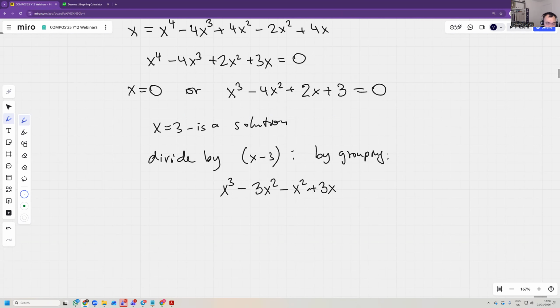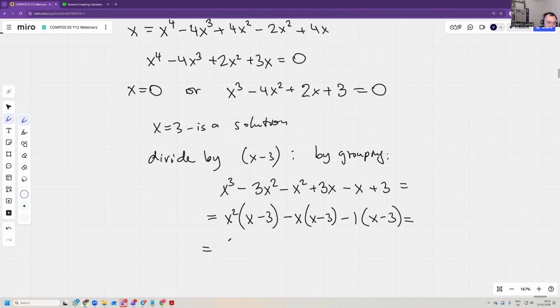Plus 3, but we have 2x, so it's minus x plus 3 equals 0. And now we can factor each group. So this is x squared, we can take out, and it's x minus 3, minus x minus 3, and minus 1, x minus 3.